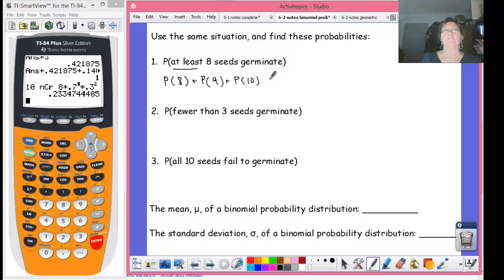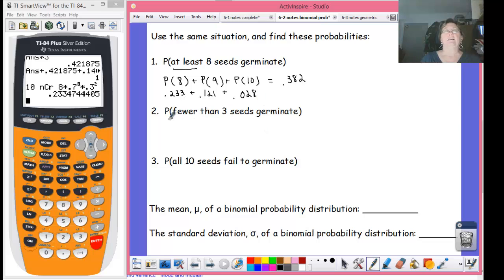All right, that probability, again, adding together the pieces, got us 0.382, and I would love to write them underneath. It was 0.233, 0.121, plus 0.028.